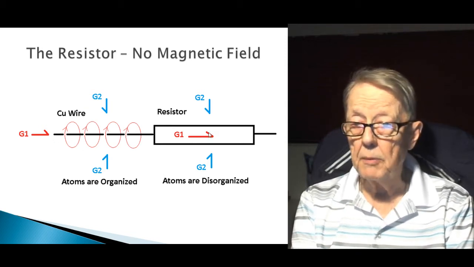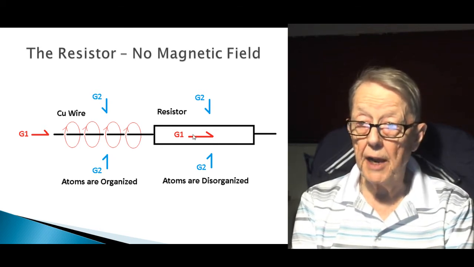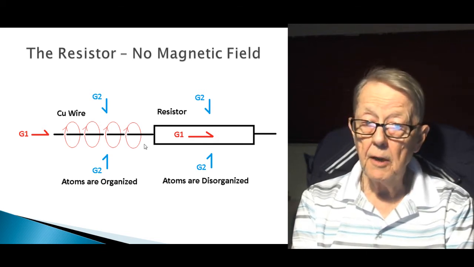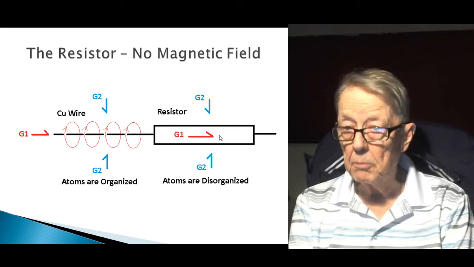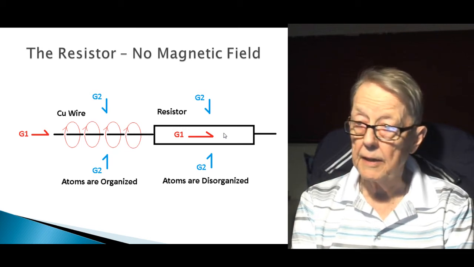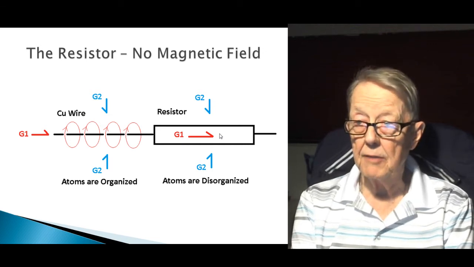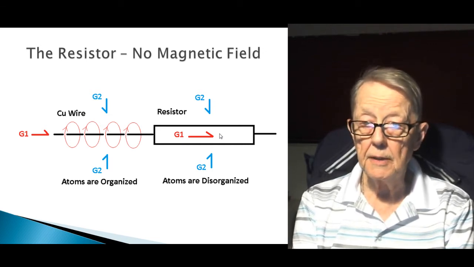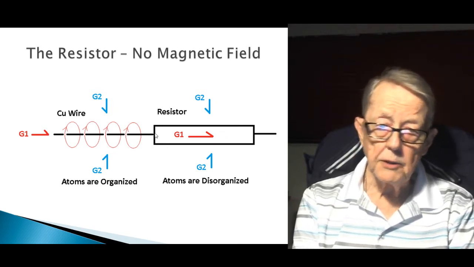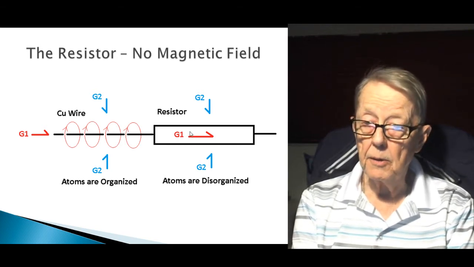And so even though some of the G1s, maybe even a lot of the G1s, are coming out because they're being scattered and pushed, they don't form a magnetic field because the G1 particles flowing inside are not moving in a spiral pattern. Not, at least not in a continuous enough one to support the building of a magnetic field around a resistor. Very interesting how these two parts work well together and can be explained using the particle model.